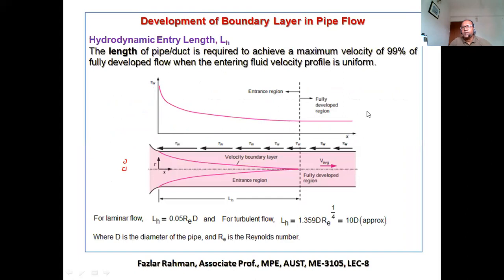So we need to figure out, we know along the length, the velocity will be changing and gradually increasing at the edge of the boundary layer thickness.